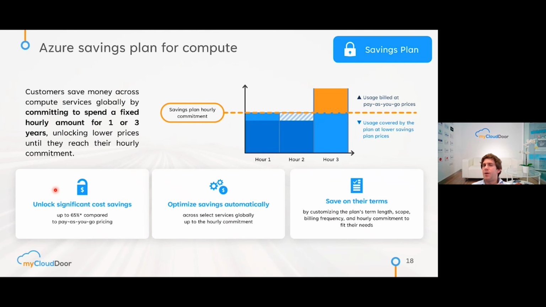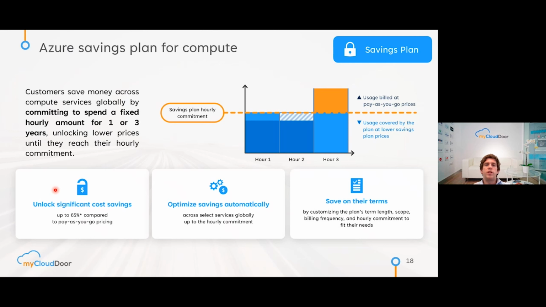And then we have the savings plan, which is similar but not specifically the same. With a reservation, what you do is commit on one specific resource. With a savings plan, what you are doing is committing to a global spend all over your environment. It doesn't matter the type of resources, as long as they are covered under a savings plan, and it doesn't matter the geography.